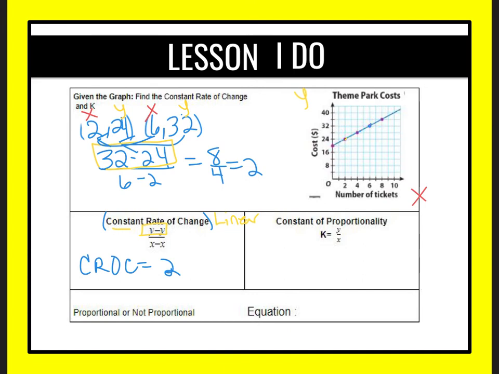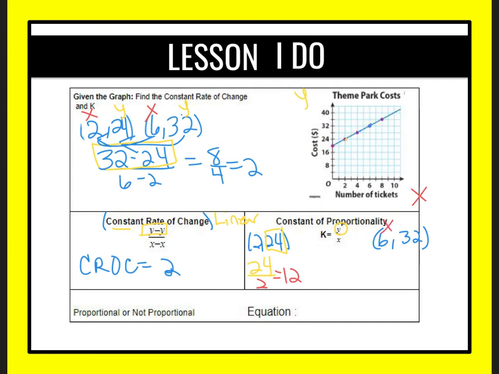All right. So let's see if this is a proportional situation. Well, let me just take the 2 points that I already took up there. 2, 24, so again, change in y. So I'm going to take 24 divided by 2, and that's going to equal 12. Let me take the next ordered pair, 6 and 32. 6 tickets cost $32.